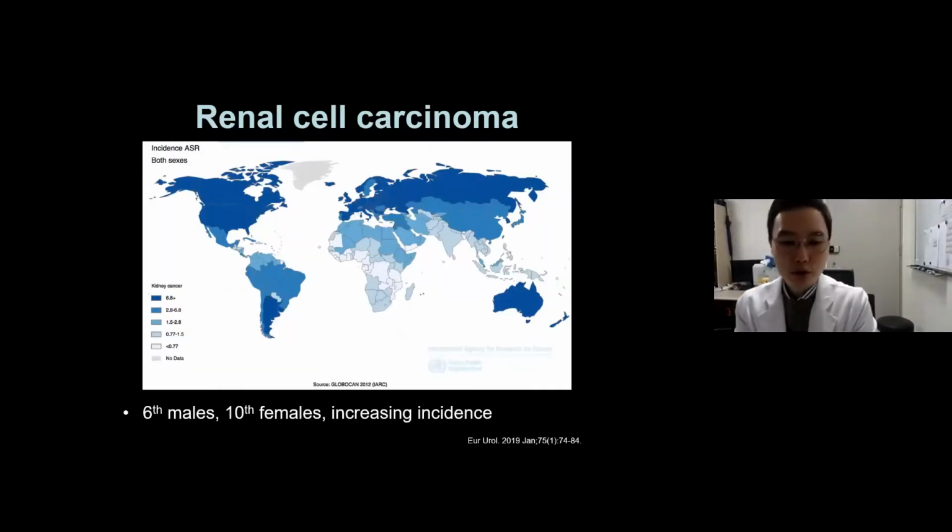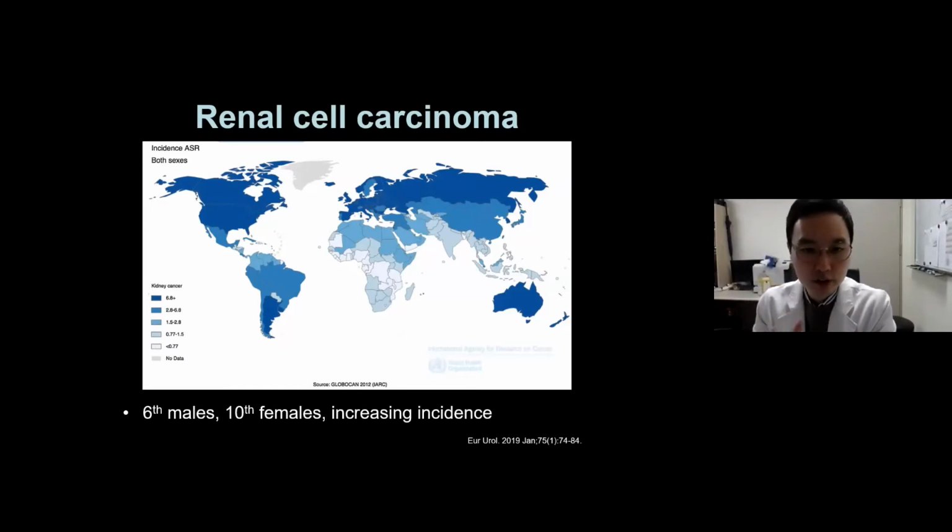Okay, so I will now move on to renal cell carcinoma. Renal cell carcinoma is the 6th most frequently diagnosed cancer in men, and for females, it is the 10th most commonly encountered. It has been increasing, especially in higher income settings.